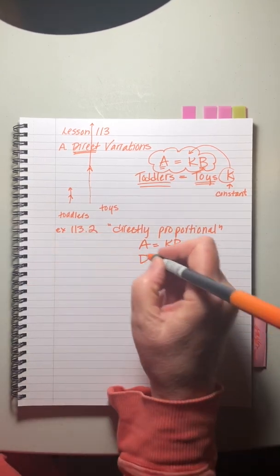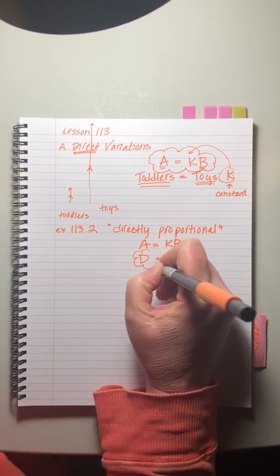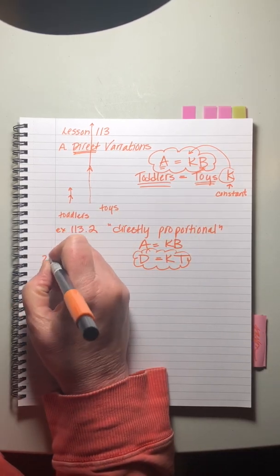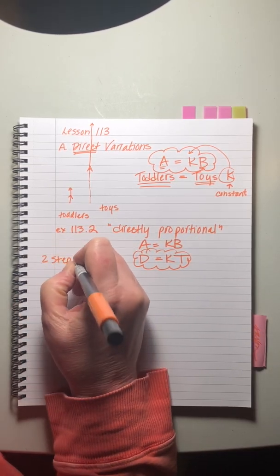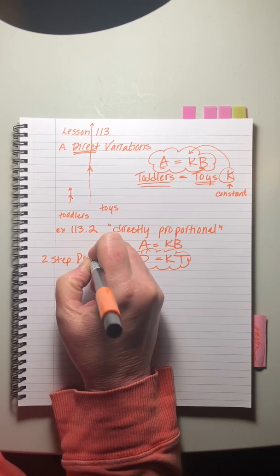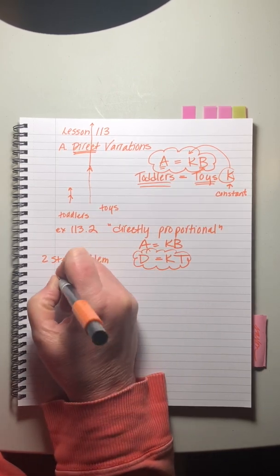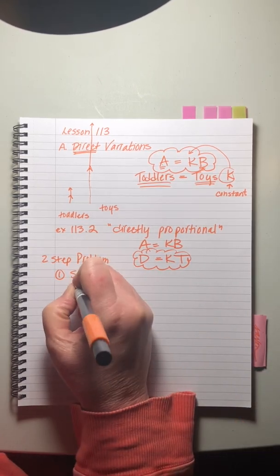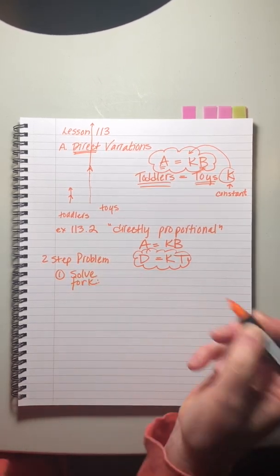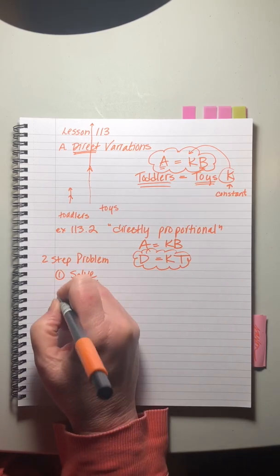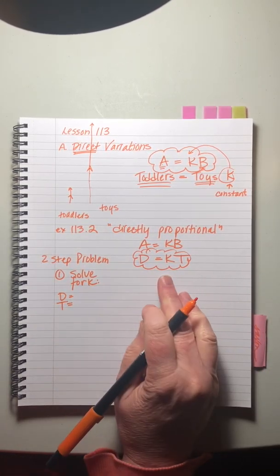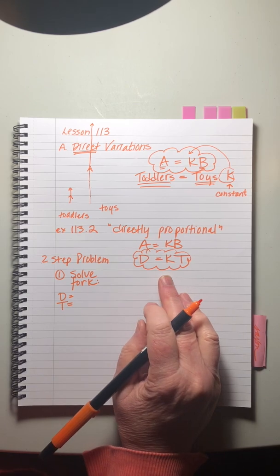Once we identify this, then we have a two-step situation. In the first step, we solve for K. The problem is going to give us a value for D and a value for T, and we're going to use those to solve for K. Let's see how that works.